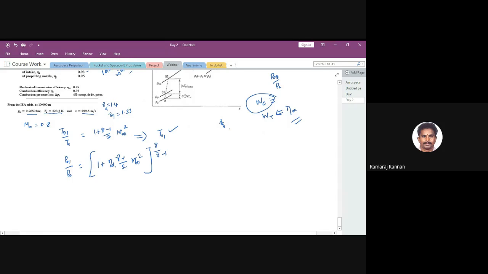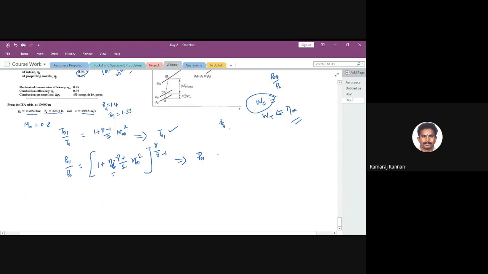Here we know the isentropic efficiency of diffuser, the value 0.93, and we know the gamma value, the M infinity, and the PA, so we can calculate your P01.